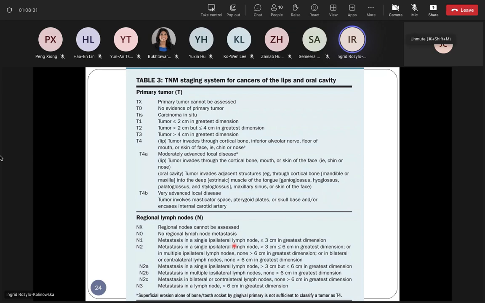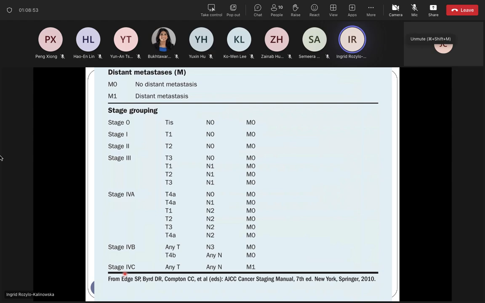So what's important to know is that tumors are evaluated locally regarding the size of the tumor, then the presence or absence of metastasis to regional lymph nodes, and then also distant metastasis. So metastasis 0 or metastasis 1.